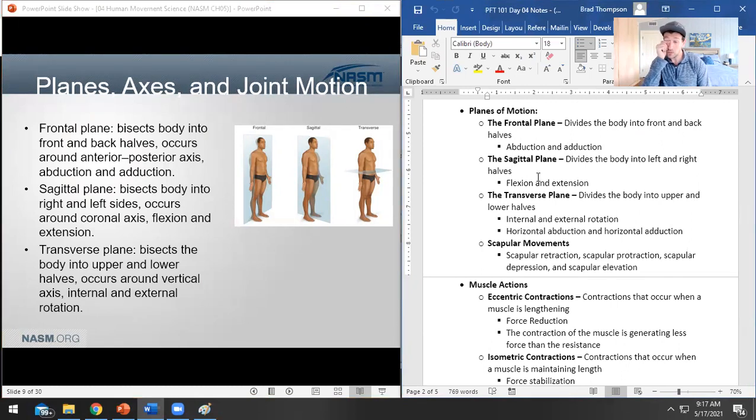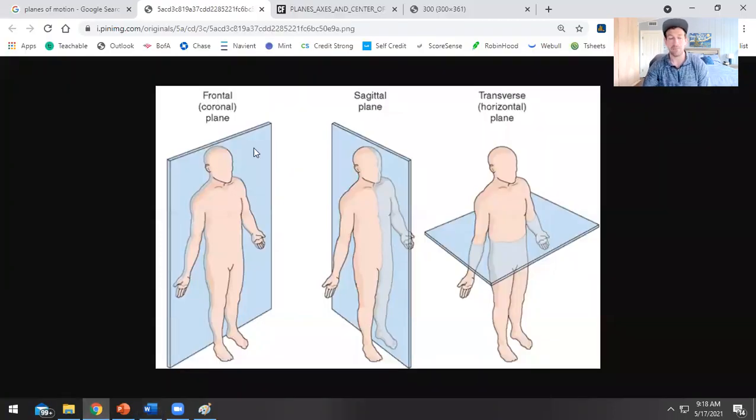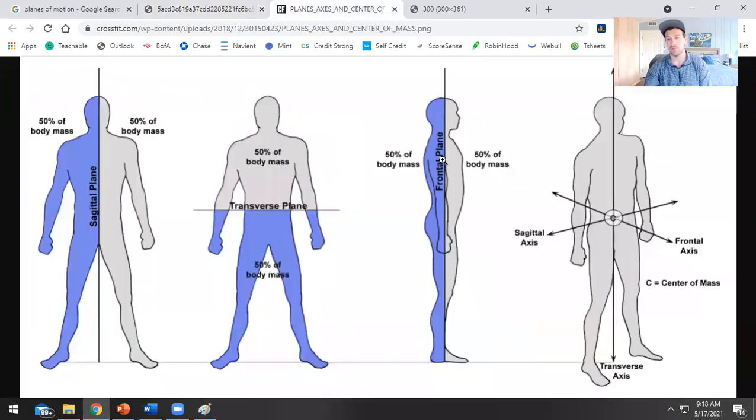Then you have the frontal plane, and the frontal plane is going to divide you into a front and a back half. You can see here it is sort of cutting this person down the middle, so now we've got a back half and a front half. That is our frontal plane.